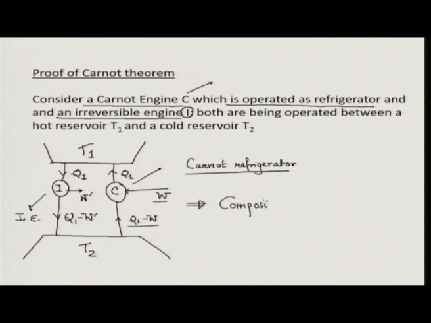Let me tell you, most of the arguments of thermodynamics are based on this composite system structure, and hence having the two reservoirs the same is very important, otherwise these arguments do not go through.